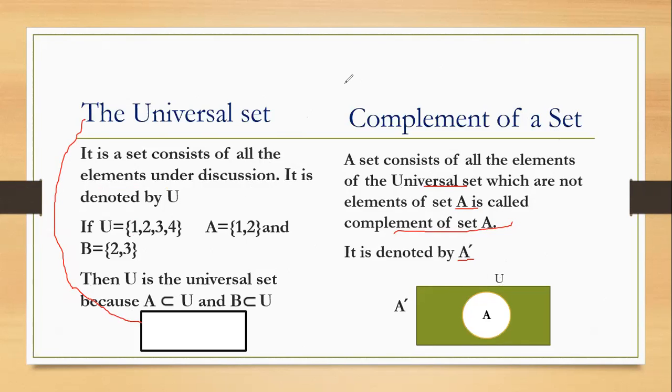You need a rectangle. Why do you need a rectangle? You need a rectangle for the universal set and you need a circle for set A. As I told you, for every set, we have to draw the circle. Here, only one set is there, so we have to draw one circle. And in this circle, I can write the elements of set A. Clear?